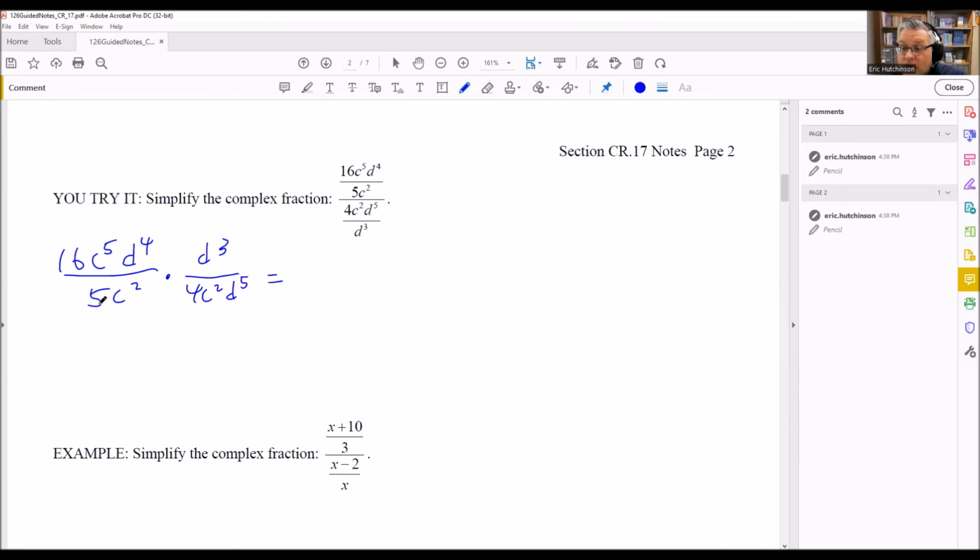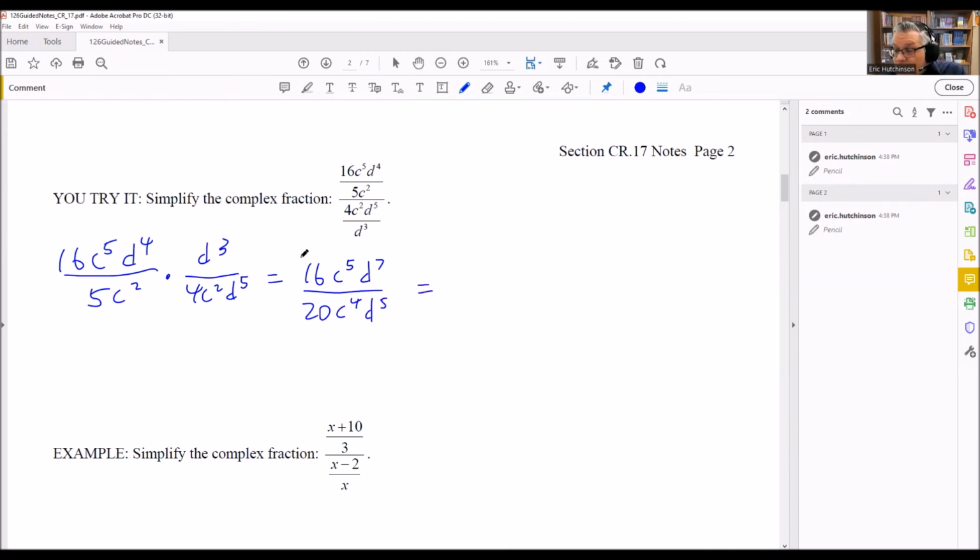We're going to multiply this across the top and across the bottom. If you multiply across the top, it's 16. C to the fifth, we can't do anything with there. And then we add the exponents with the d here, so d to the seventh. And the bottom, 5 times 4 is 20. We're going to add the powers on the c. And then we have d to the fifth.